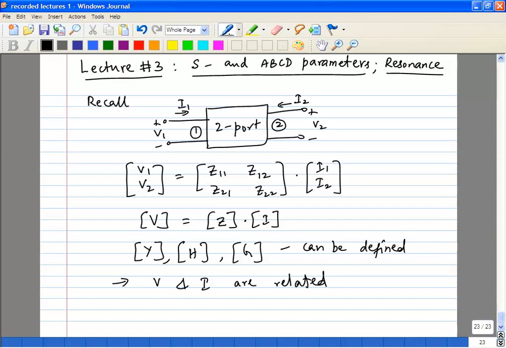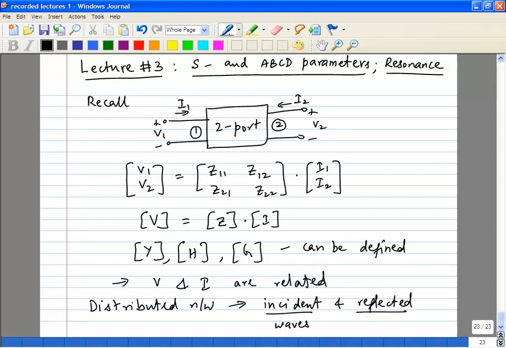However, for a distributed network, you talk of incident and reflected waves. So the two quantities we want to relate are the incident and reflected waves.